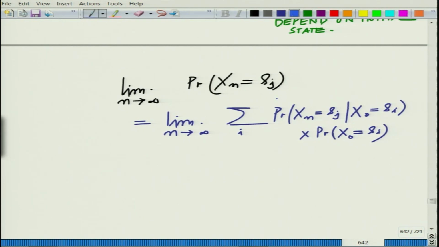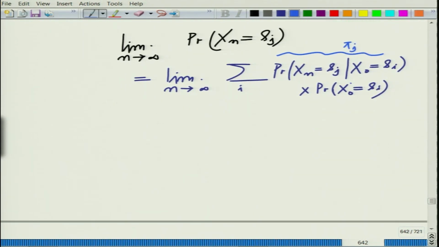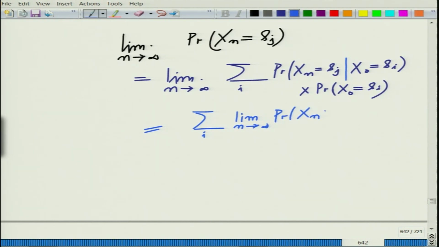Now, we have seen this quantity is essentially pi j, which does not depend on i. Now, first let us take the limit n tending to infinity inside. So, this becomes the summation over i of the limit n tending to infinity of the probability Xn equal to Sj given X0 equal to Si times the probability X0 equal to Si.